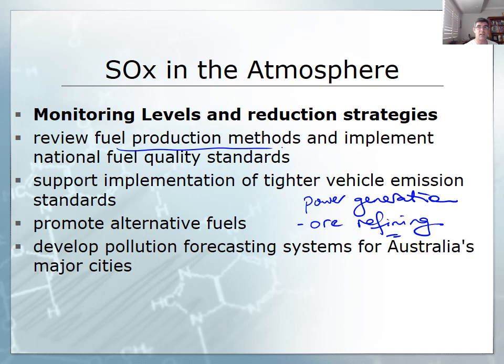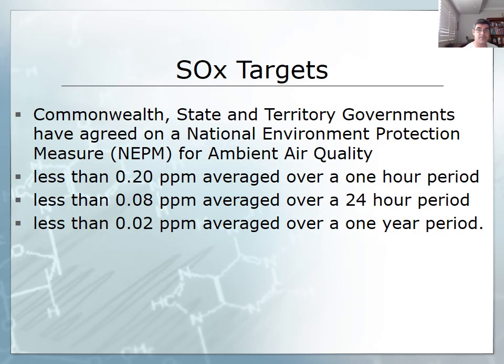But as far as we're concerned, we need to be aware that there is certainly some scientific evidence to suggest that sulfur dioxide levels do change in the atmosphere, that there are a number of different factors that can affect this, and so we need to make sure that we're aware of some of the consequences of this. In terms of sulfur oxide targets, it's the same sort of organisation responsible for monitoring these.